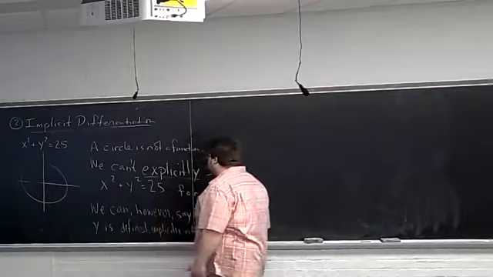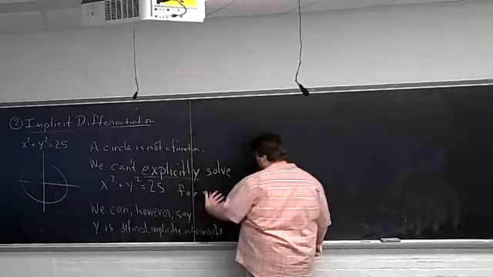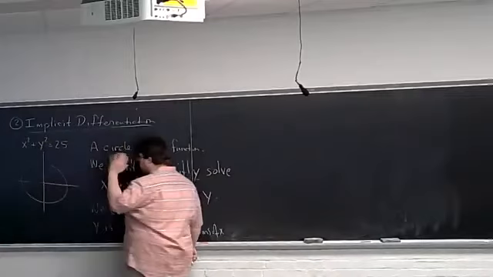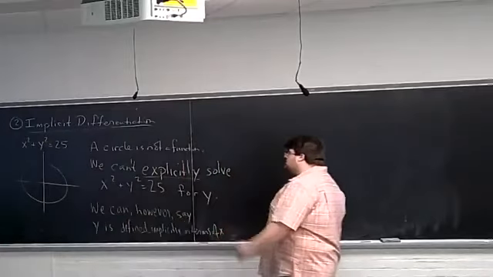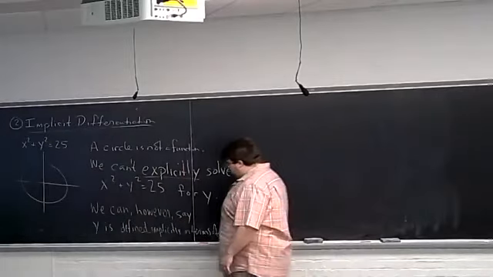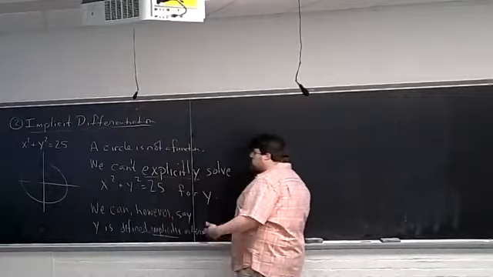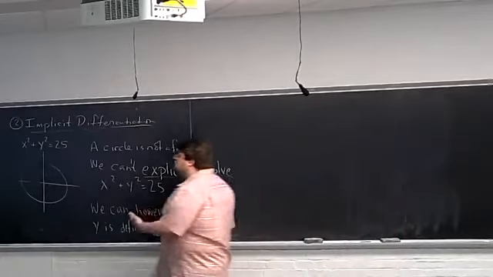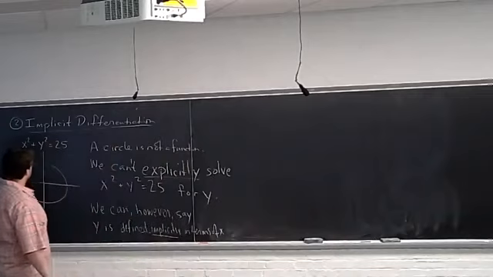Being written explicitly in terms of x means you can say y equals something, and it is a function. But saying it's implicitly defined in terms of x means it is written in terms of x, but we can't solve it explicitly.